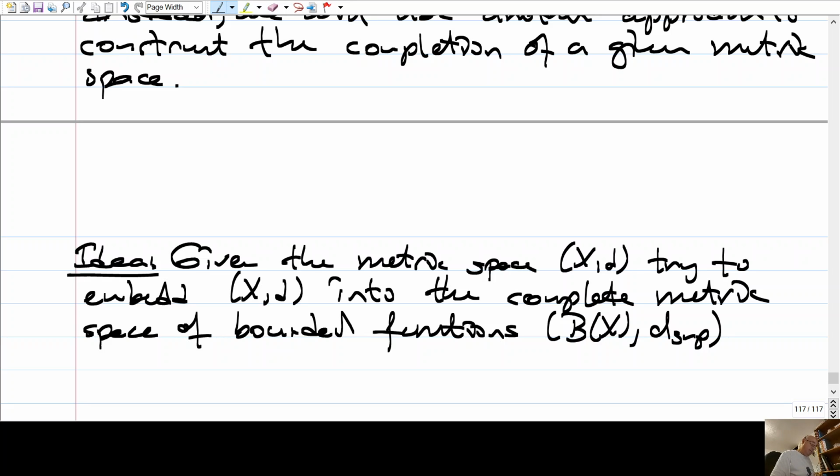But since B(X) is complete, its closed subsets are complete. Therefore, the closure of this will be a complete metric space. And that will be my completion. So you automatically obtain a complete metric space which contains your initial metric space as a dense subset. That's the idea. Is this understood?